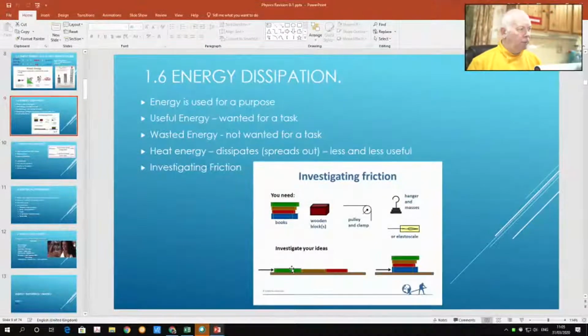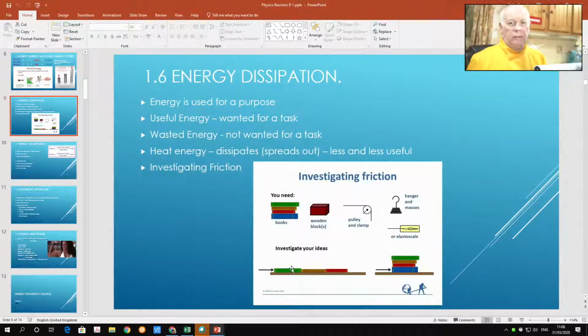Right, I want to have a look at some physics, and I want to start where I left off, and we're going to start looking at energy dissipation. So we looked at last time kinetic energy to potential energy to kinetic energy.